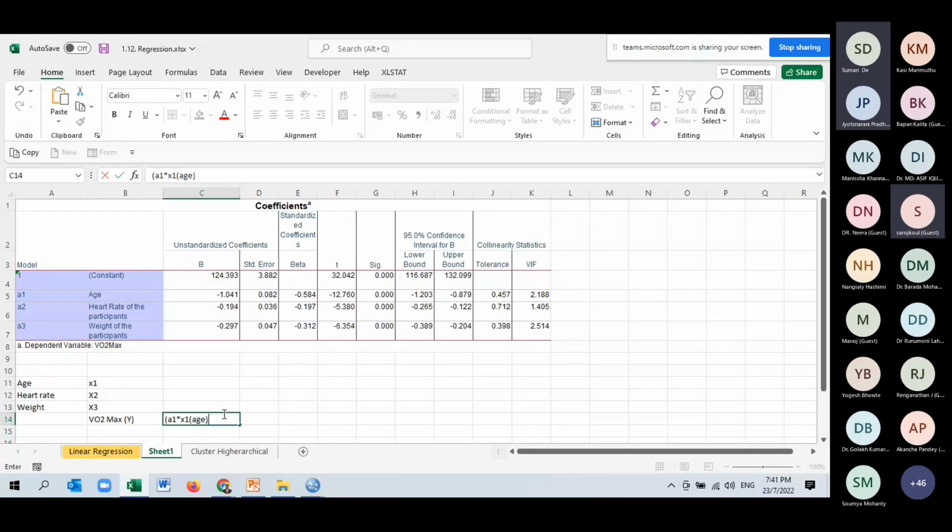Plus A2 multiplied with X2, heart rate, plus A3 multiplied with X3. X3 means weight.